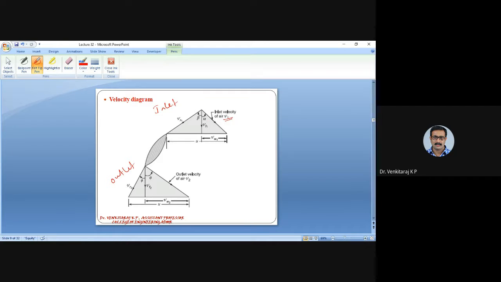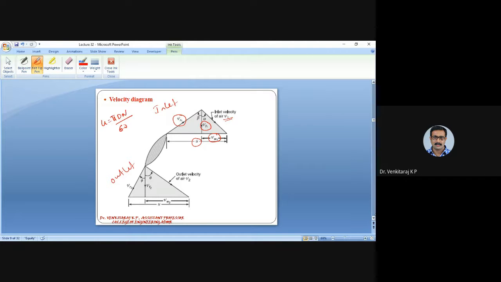V1 has two components, vf1 the axial component and the whirl component vw1. The whirl component is responsible for rotation. vf1 is the flow velocity component which we will use to quantify the flow rate. Then relative velocity vr1 and blade speed u. Blade speed u you can calculate using the equation pi D N by 60, where D is drum diameter and N is rotational speed. Alpha is the air angle at inlet and beta is the blade angle at inlet.